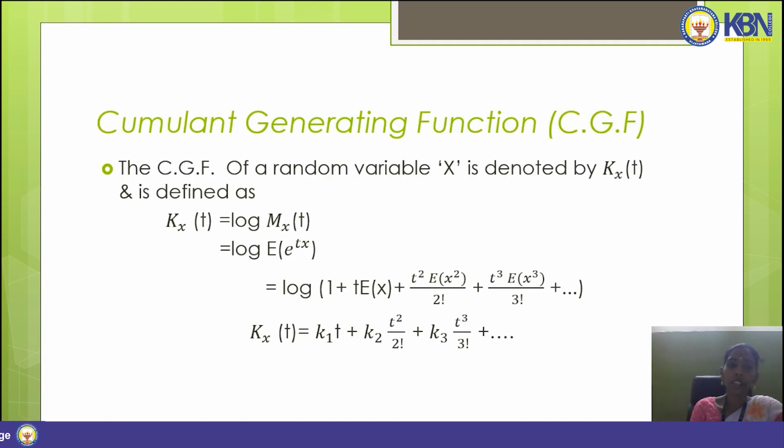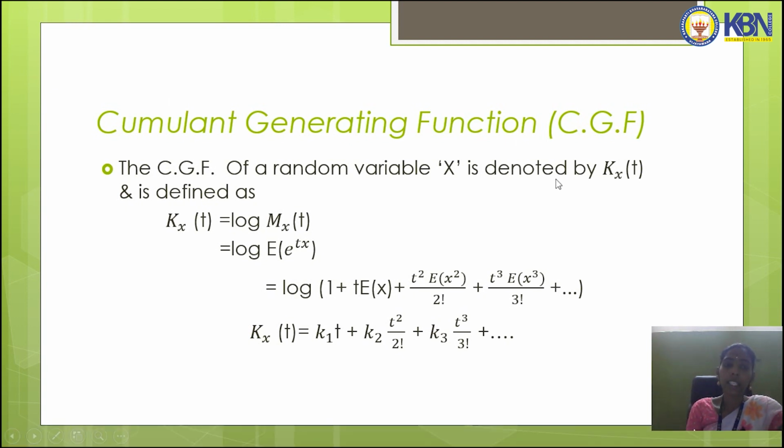Cumulant generating function. The CGF of a random variable is denoted by K_X(t) and is defined as K_X(t) equals logarithm of M_X(t). We know that M_X(t) equals expectation of e power tX, so we write it here, and log M_X(t) we know the simplification, we write it here.